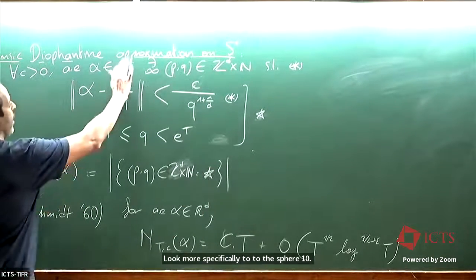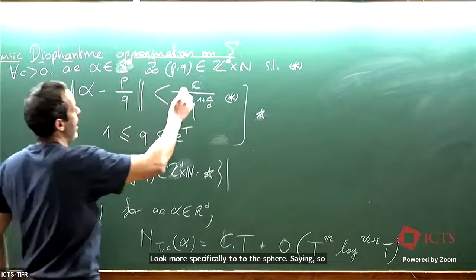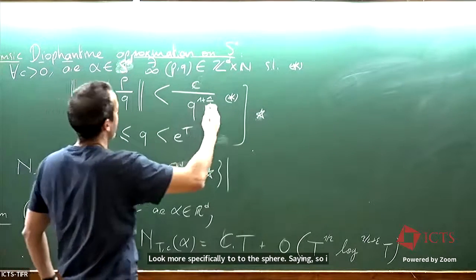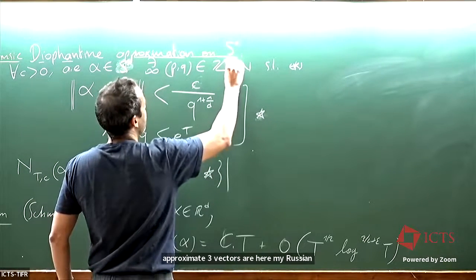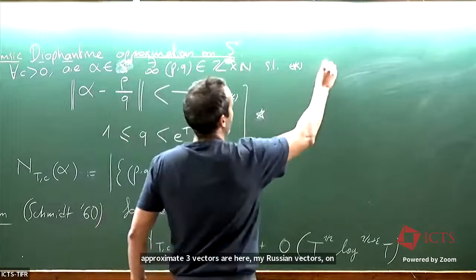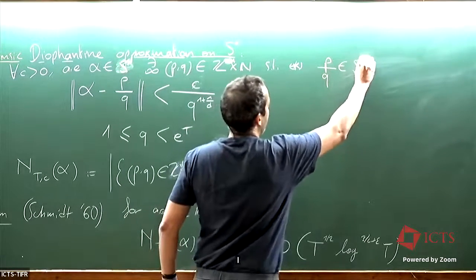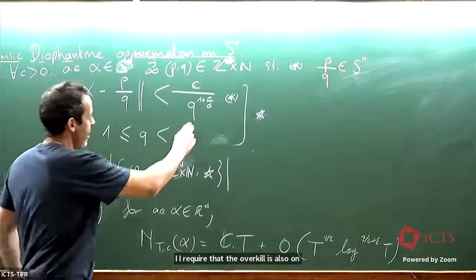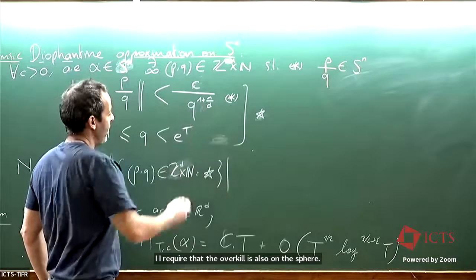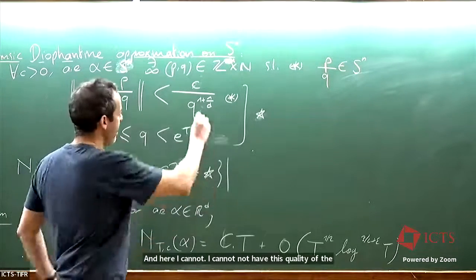So I approximate real vectors on the sphere by rational vectors on the sphere. Here I require that p over q is also on the sphere.